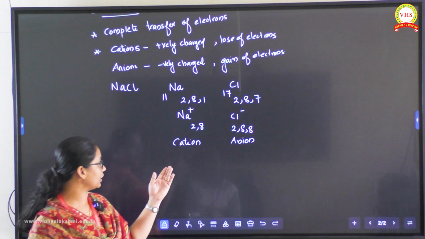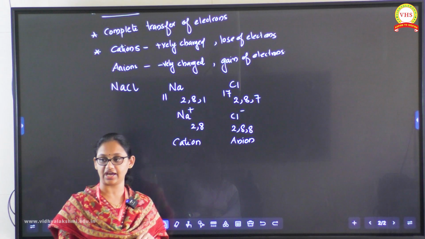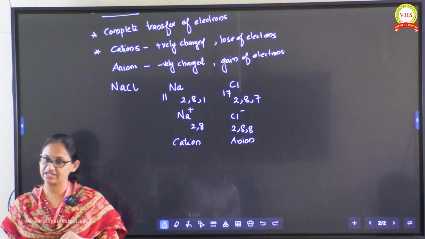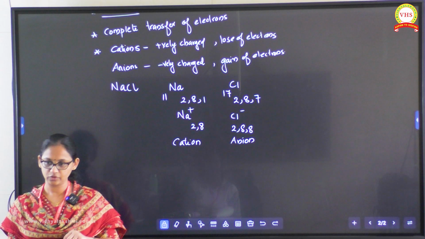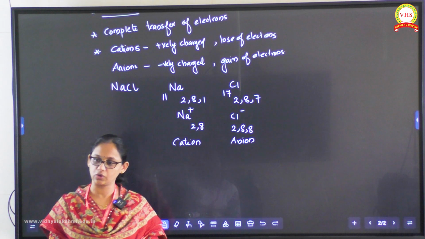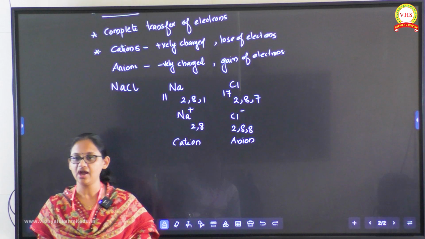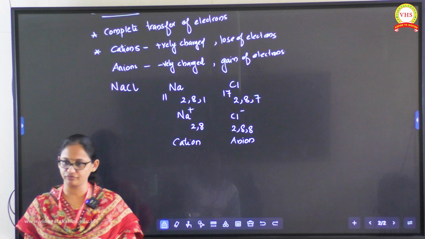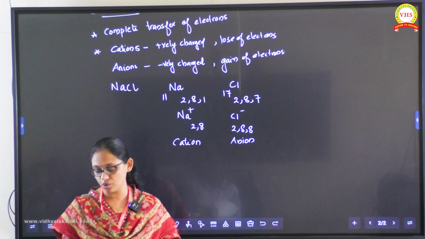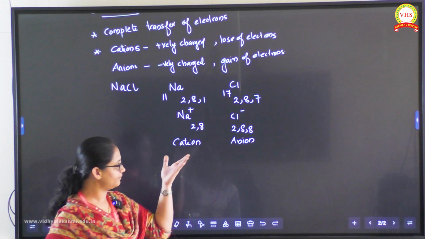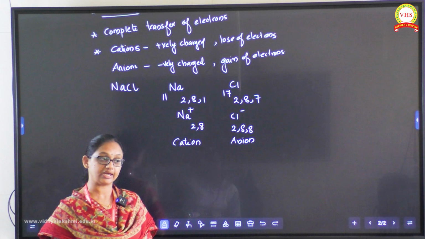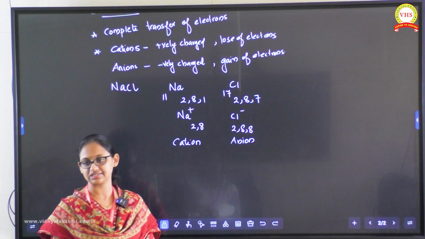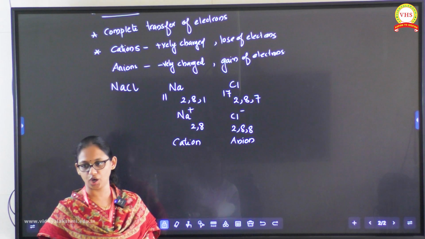The bond between sodium and chlorine, formed by the transfer of electrons between two atoms, is called an ionic bond. We can represent this bond formation using a Lewis symbol or electron dot symbol.